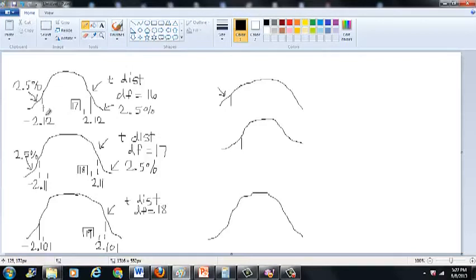So it's like both of these negative critical values right here are moving in toward the center, the one-tailed and two-tailed critical values, as our degrees of freedom goes up. But no matter how high your degrees of freedom is, the one-tailed critical values are always closer to the center than the two-tailed critical values are.